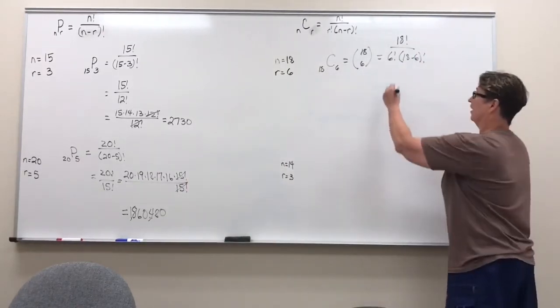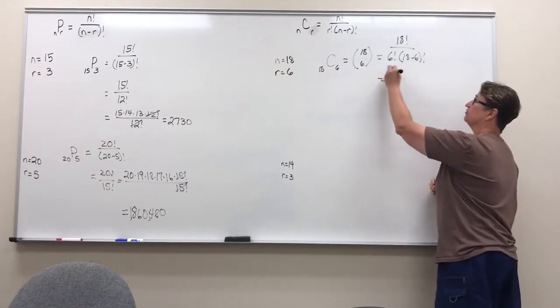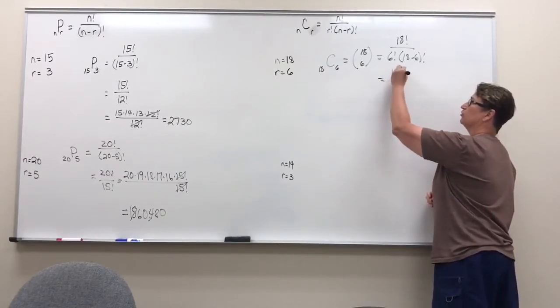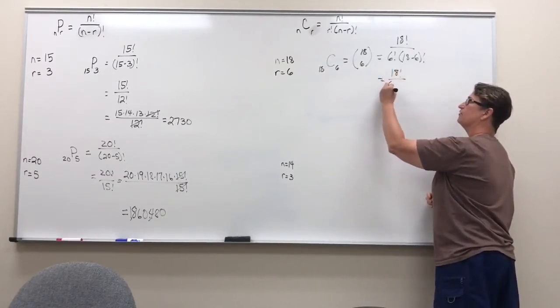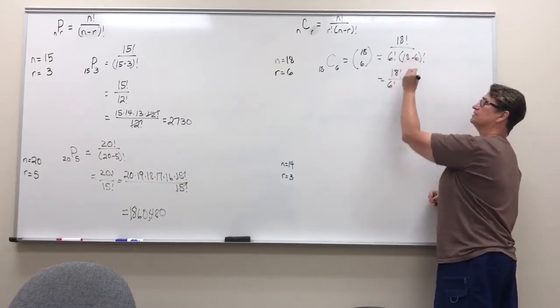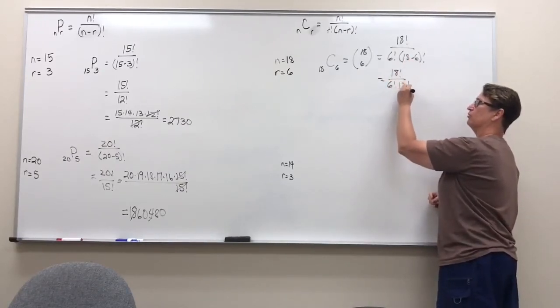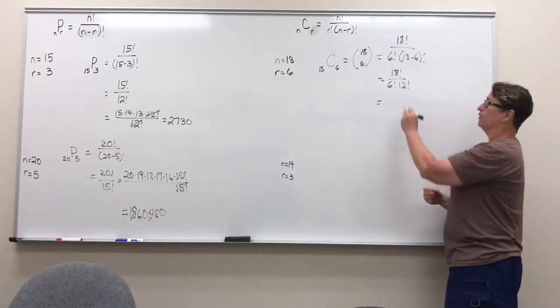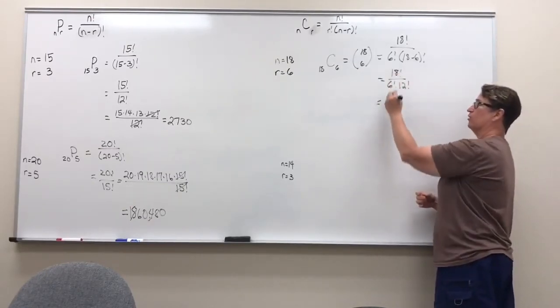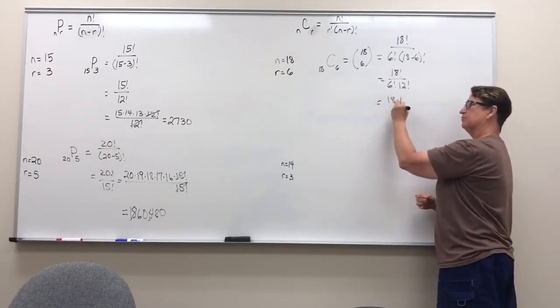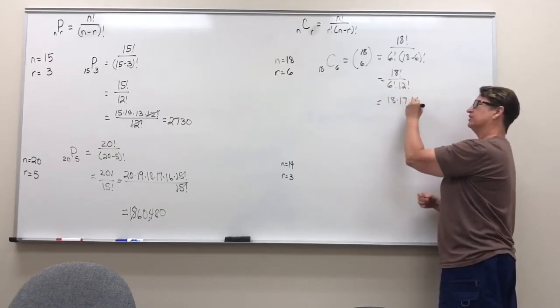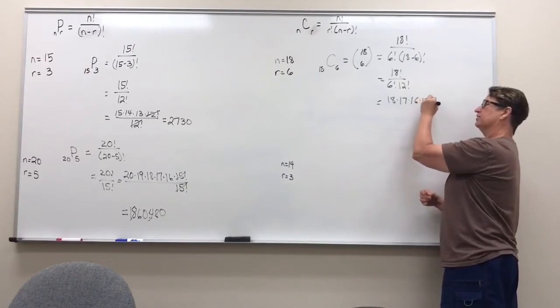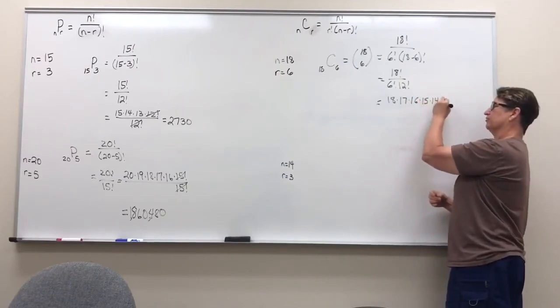Now, I'm just going to do inside the parentheses first. Now it's just a matter of doing the arithmetic. So that I have 6 factorial, and inside of here I have 12 factorial. This is a little bit trickier than before, but I'm still going to write this out the same way, where I do 18 times 17 times 16 times 15 times 14 times 13.